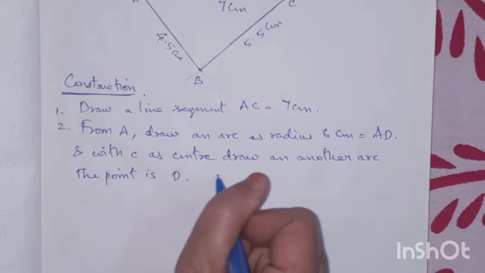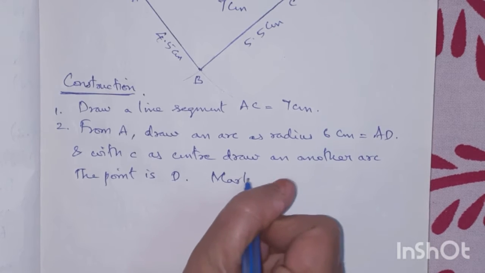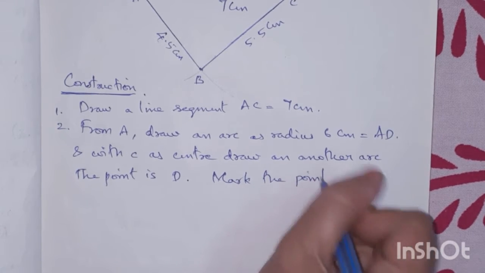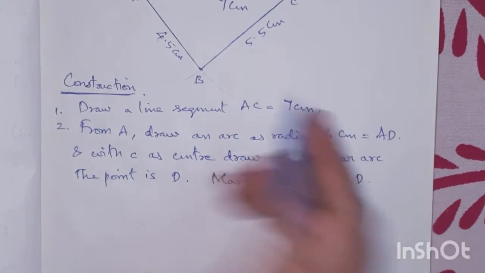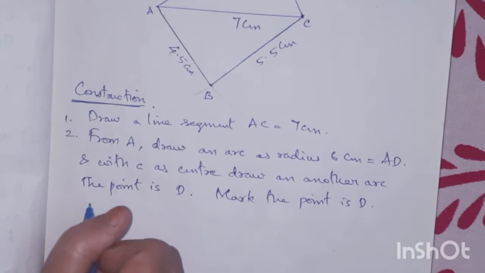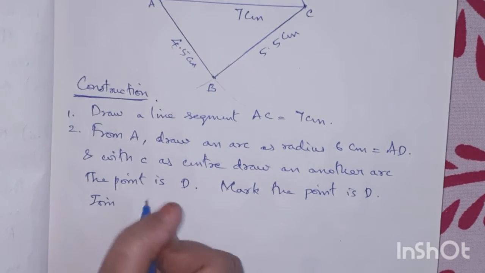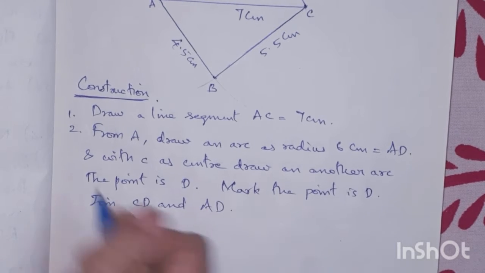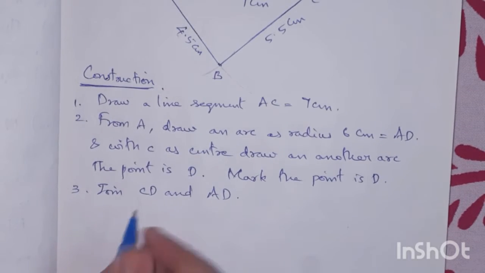Mark the point as D. And join CD and AD. This is the third point.